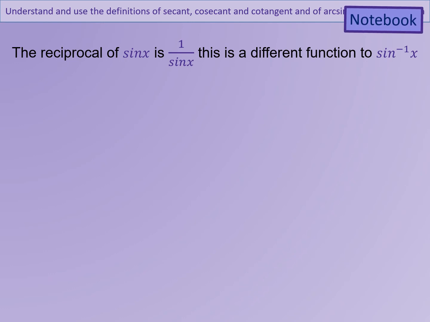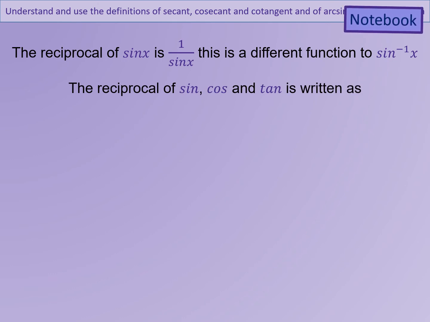Although you might think, well, isn't something to the power -1 1 over? In most cases, yes, it is true that something to the power -1 would be 1 over. But unfortunately, it's not true for the trig functions. So sine to the -1 and tan to the -1 and cos to the -1 are not the same as 1 over. They are very different.